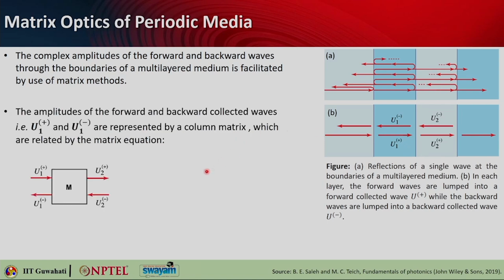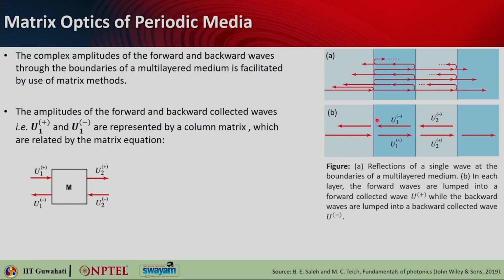Now there is a way this U1 plus and U1 minus are correlated. The amplitudes of these forward and backward collected waves can be represented using a column matrix.